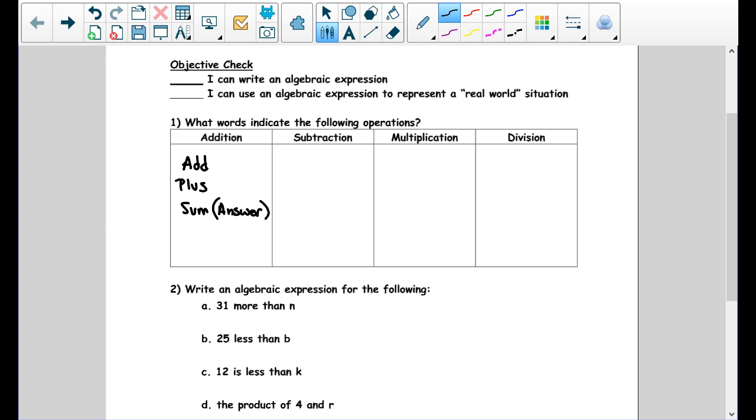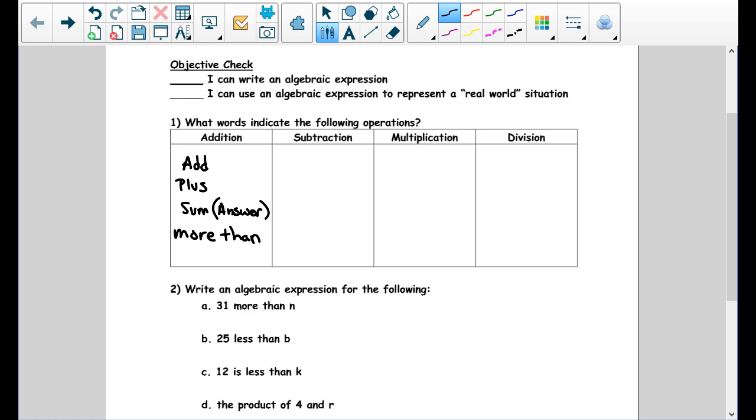So that one could be a little different at times, depending on how it's used. If it's just one operation, it doesn't mean anything else. What else? More than? Alright, so we'll go from there.